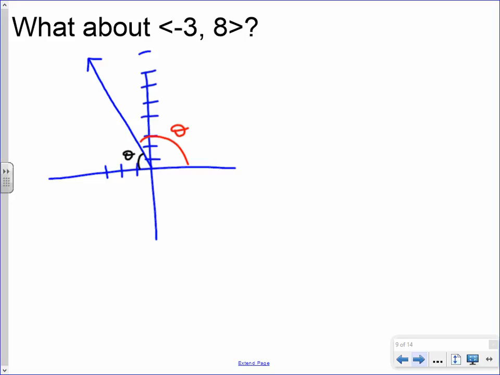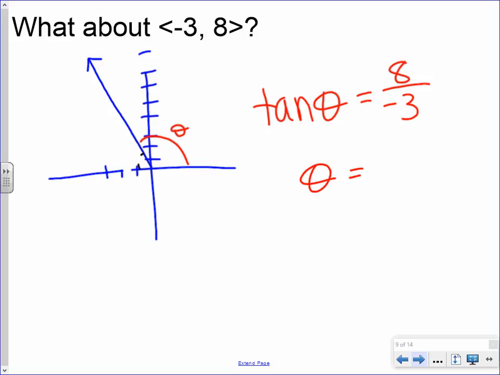So let's just say you don't even draw a picture, you just say, I know that the tangent of our direction angle is b over a. If you type in the inverse tangent of b over a, what do you get? Will, you say that letter? I get 69.443.